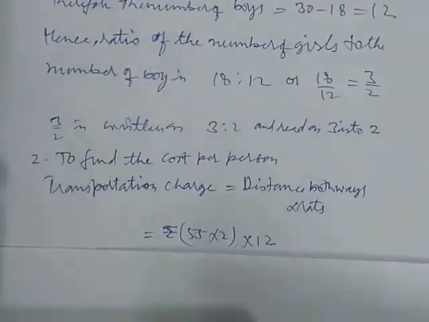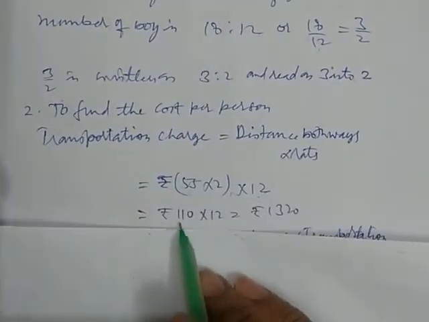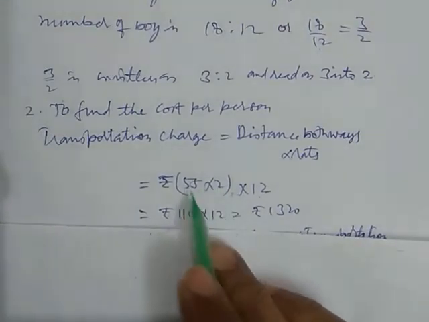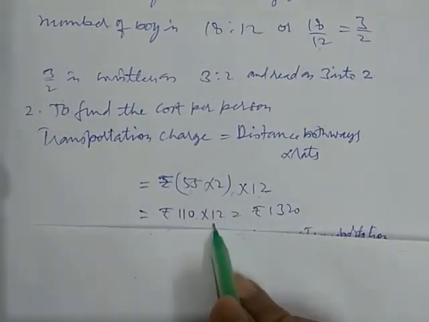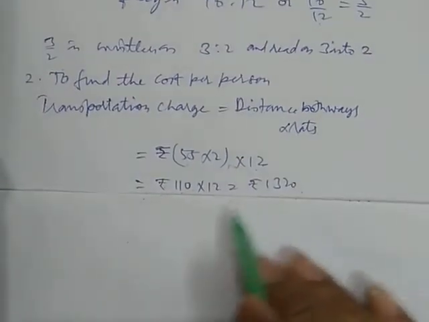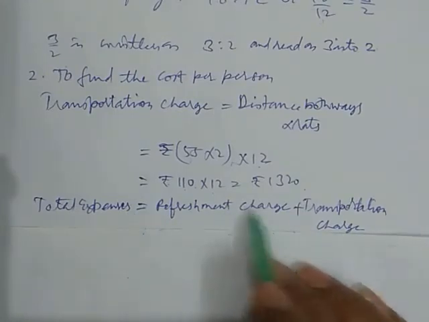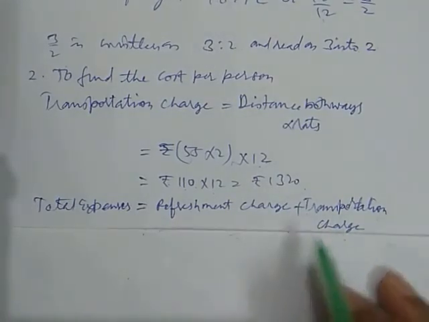So 55 into 2 becomes 110, and by multiplying by 12 we get rupees 1320. And total expenses equals refreshment charge plus transportation charge.